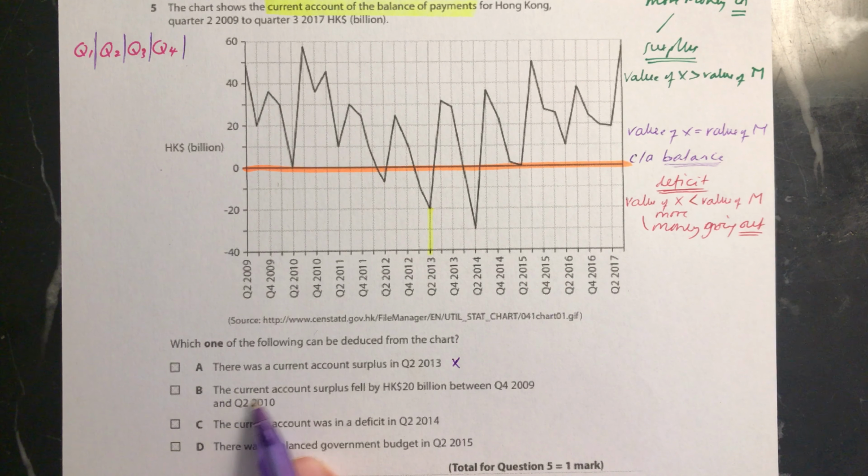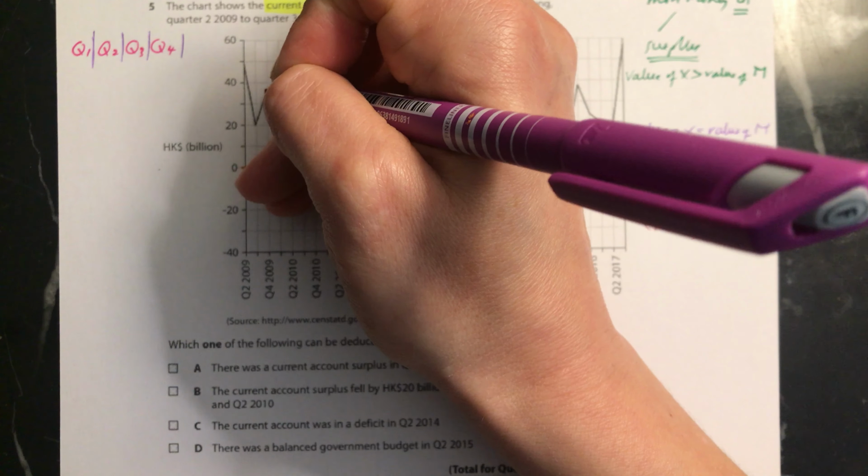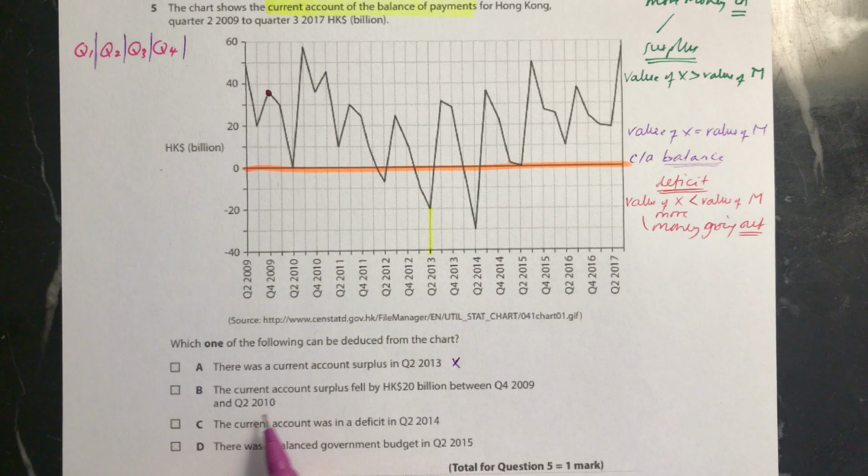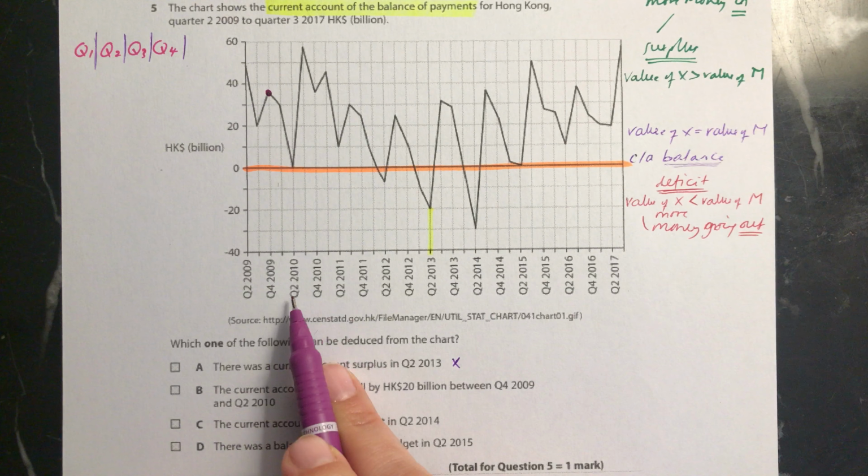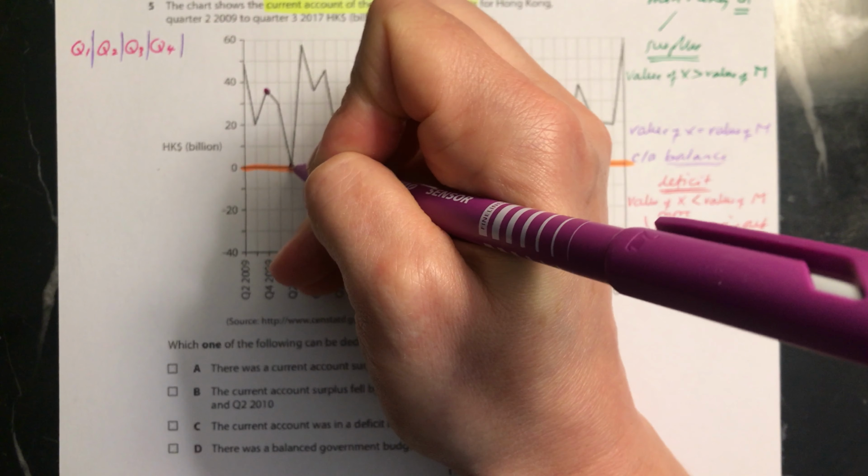The next one, the current account surplus fell by 20 billion Hong Kong dollars between, so let's find these places on the chart now. So quarter 4, 2009, that's here. And quarter 2, 2010 is here.